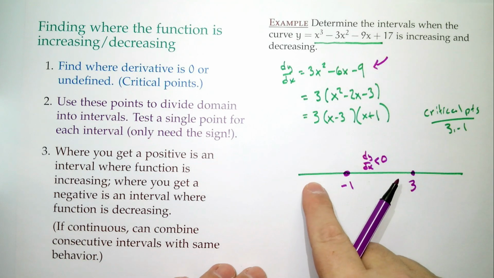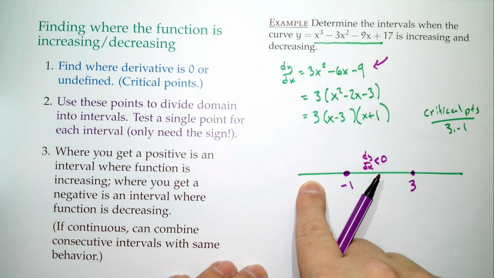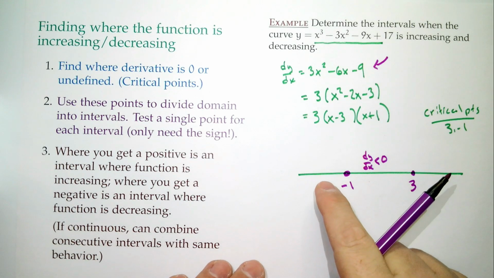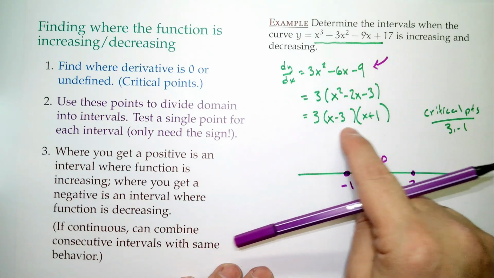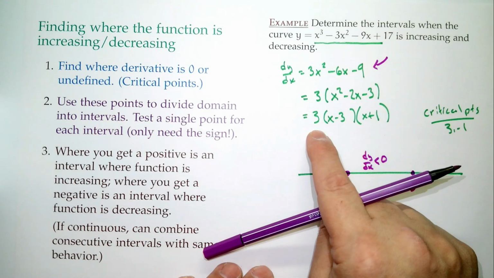Let's say below negative 1. What's a number below negative 1? Negative 2. Again, there's not necessarily a wrong answer, because you could say negative 100 or negative 1,000,000. Now 2 is wrong because that's not below negative 1. But, okay, negative 2, I probably will plug it into here. So again, I'm just paying attention to the sign. 3 is positive.